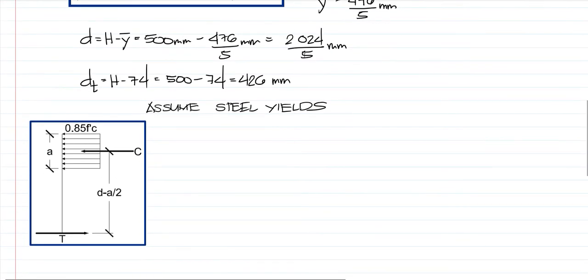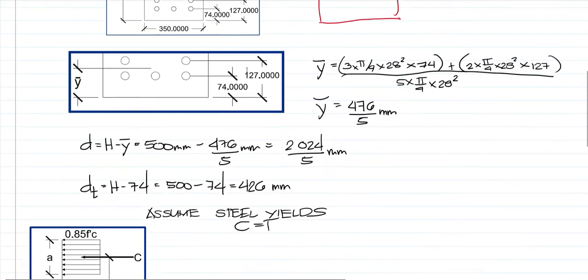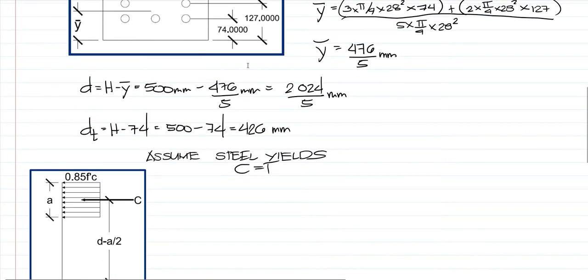So dito natin kukunin yung static equation na C is equal to T. So i-check natin yung compression. So yung compression side natin wala namang butas. So ibig sabihin valid pa rin yung 0.85 f'c ab na compression force.